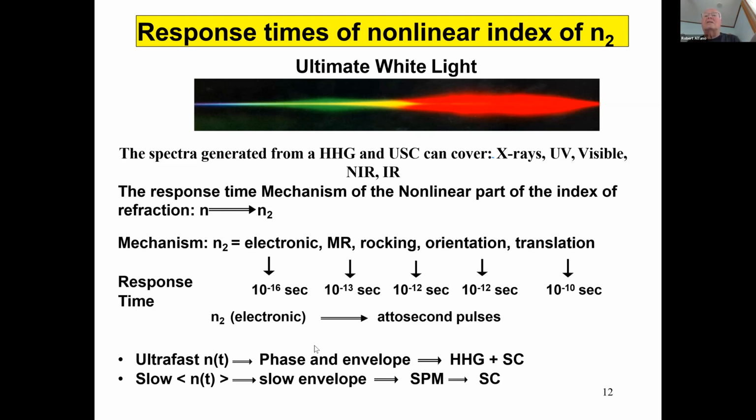So this essentially is the key to generating HHG, when the response times of the medium are less than 10 to the minus 13 seconds. So the ultrafast index, as I said, depends on the phase and the envelope, and that gives rise, we'll see, to HHG and supercontinuum. The slower mechanism is an average effect and gives rise to self-phase modulation or supercontinuum.